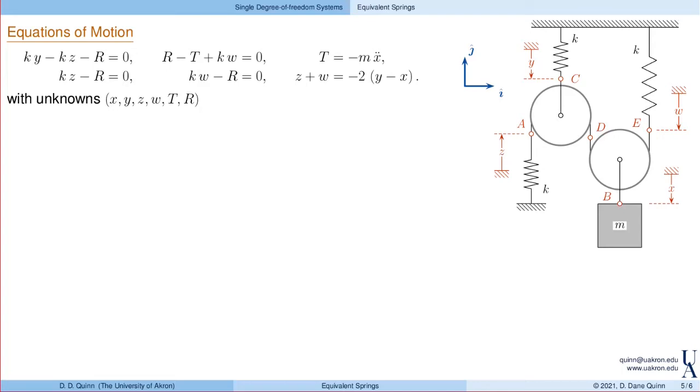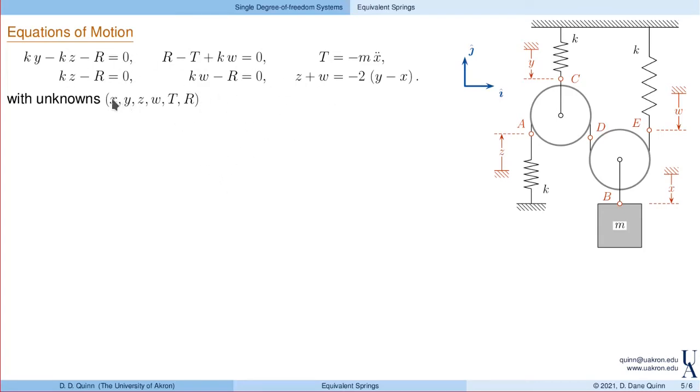We can solve this. In general, if I had 6 equations and 6 unknowns, that would be a lot of algebra. In this problem, and really in most of the problems that we do, the algebra is not quite as bad as it might first appear. These unknowns appear only in a limited number of equations.